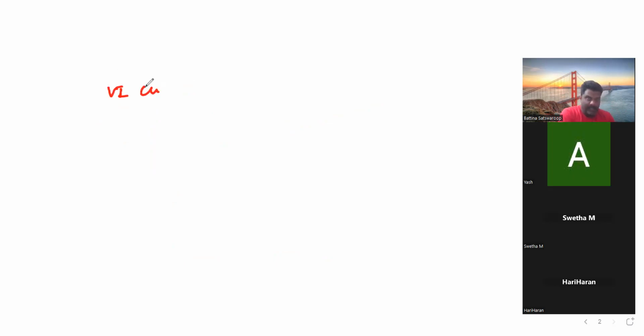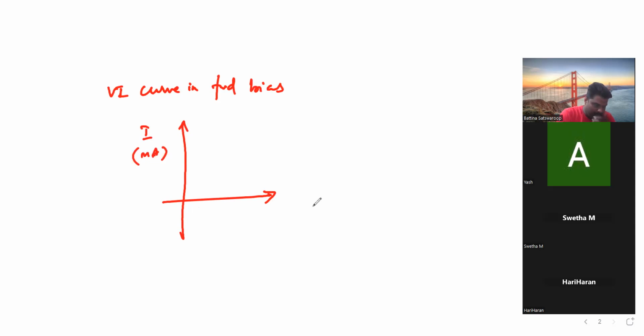First one, the VI curve in forward bias. You can see it like this. Let us say this is I, measured in milliamperes over here, and this is voltage. It goes like this. This point over here is called the knee voltage. For comparison in this VI curve, germanium will be first, then you will have Si.